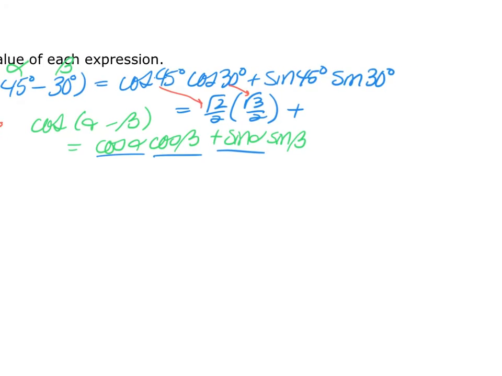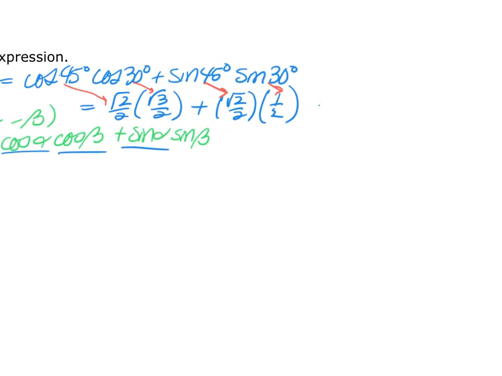Sine of 45 degrees? Sine of 30 degrees? This is this, this is this. When I get done, I'm going to get the square root of 6 plus the square root of 2 all over 4. How is that? Is that okay?